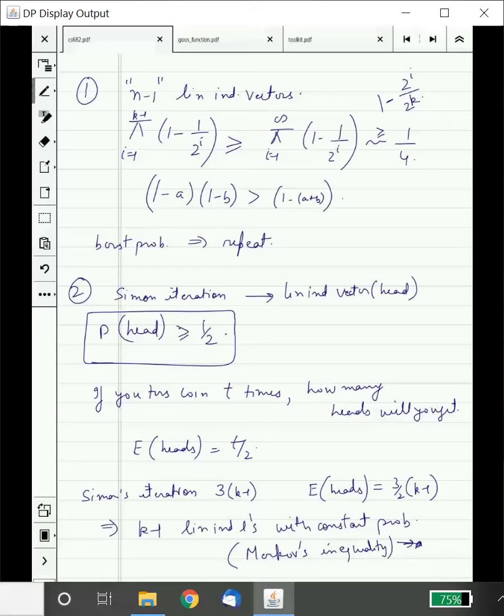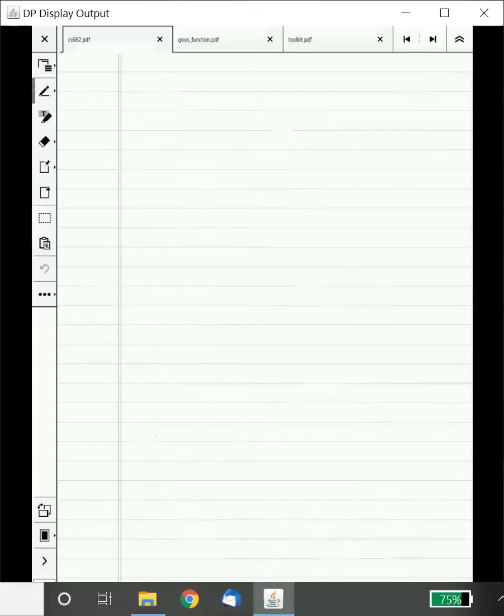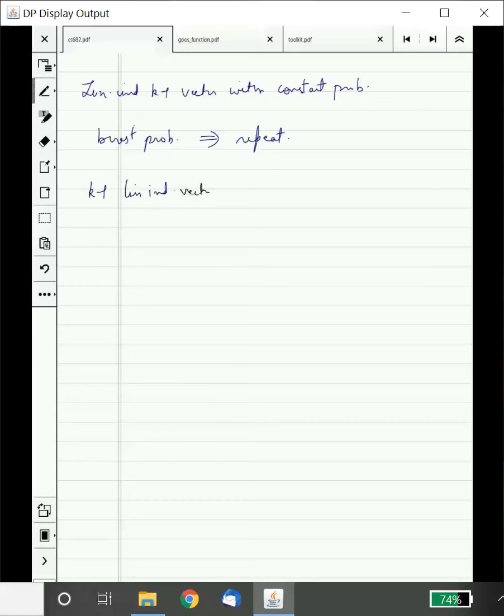Once I get that, we just already have the same thing. We say that we get k minus 1 linearly independent vectors with constant probability. How do we boost the probability? We just repeat. This again shows we can get k minus 1 linearly independent vectors with high probability.